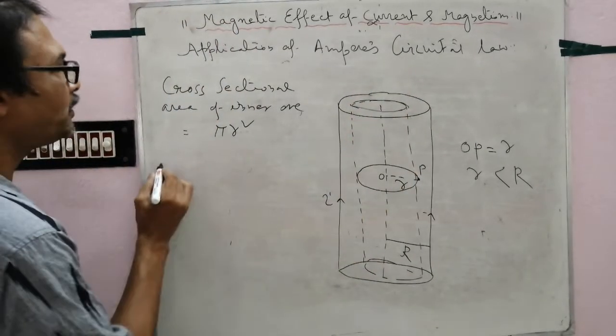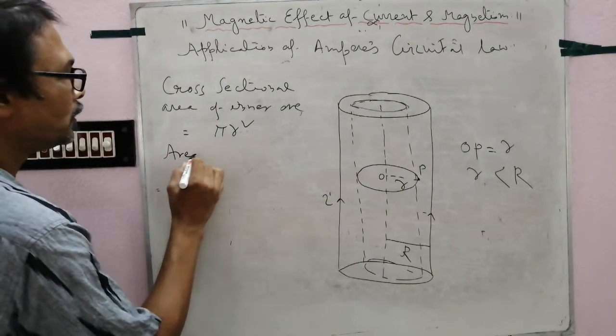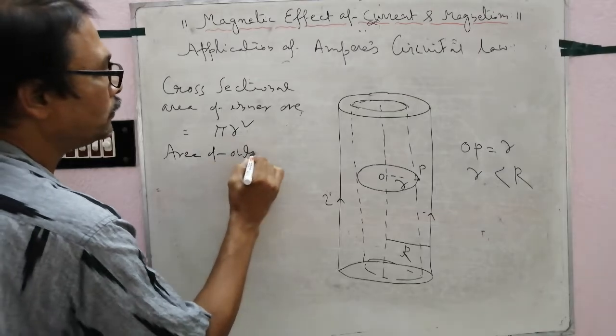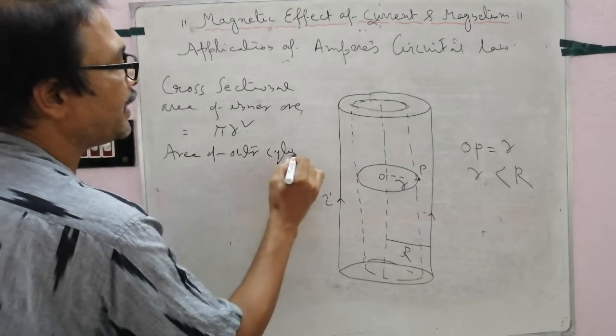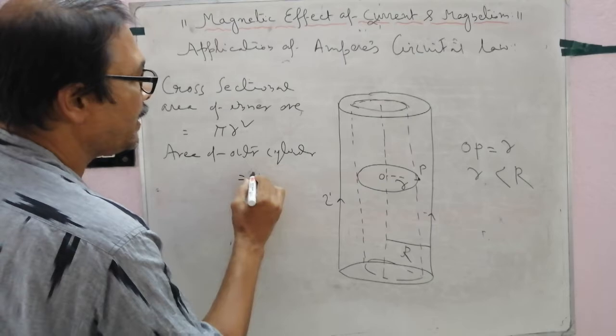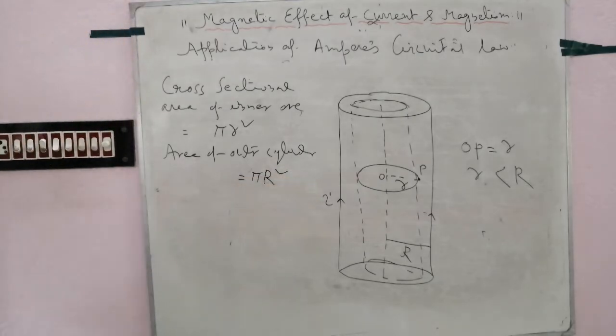The area of the outer cylinder is pi capital R square.